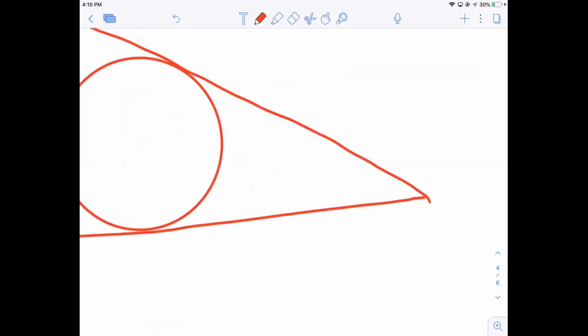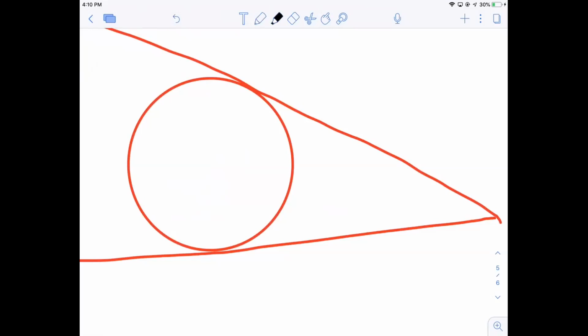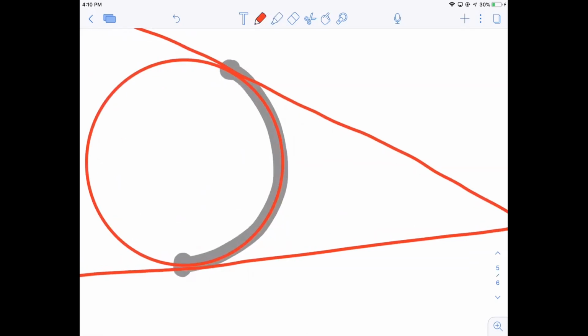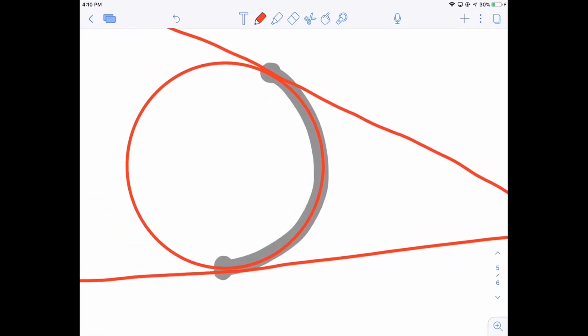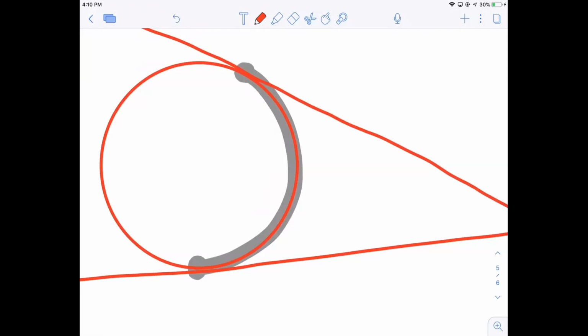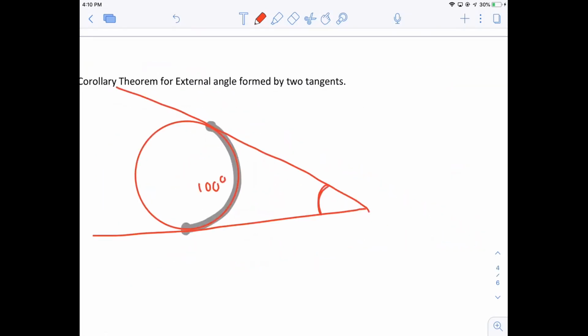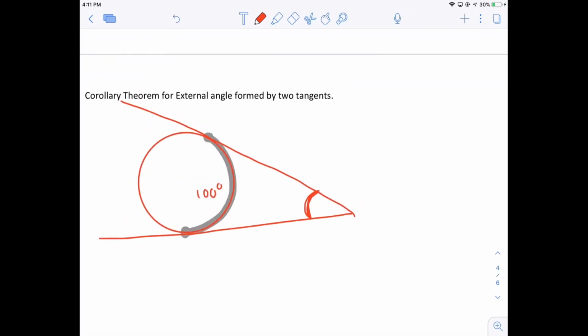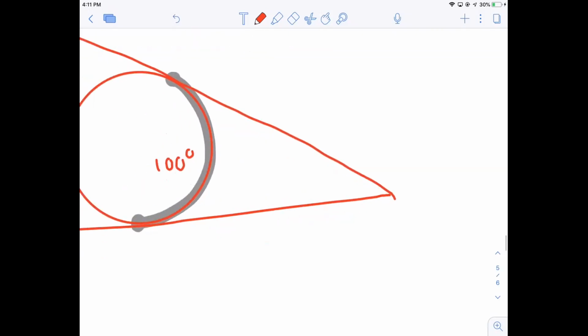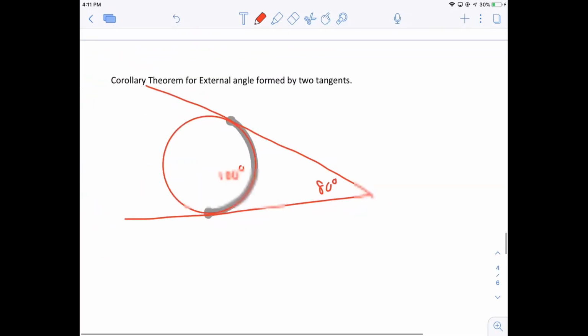So for example, if I told you that this minor arc from there to there had a measurement of, let's say, 100 degrees, could you tell me what the measure of this exterior angle is going to be? So the answer is, if you calculated it, it's going to be 80 degrees.